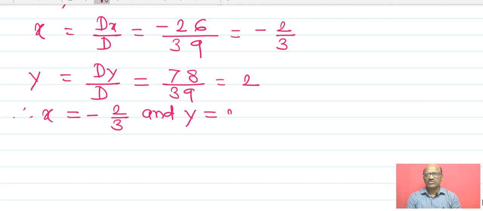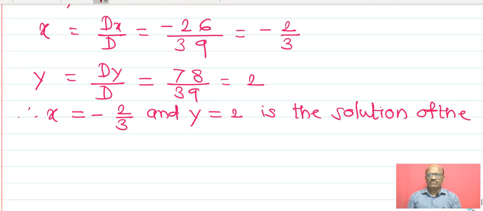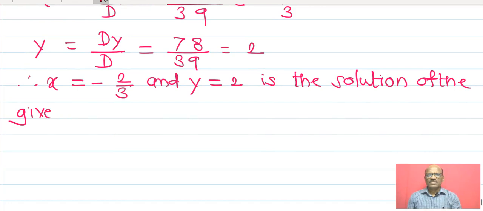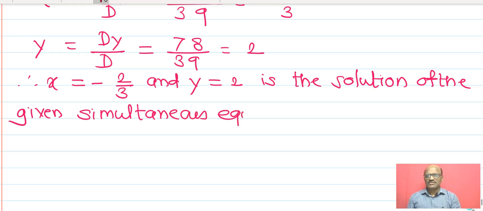Therefore y is equals to 2. x is equals to minus 2 by 3 and y is equals to 2 is the solution of given simultaneous equation.